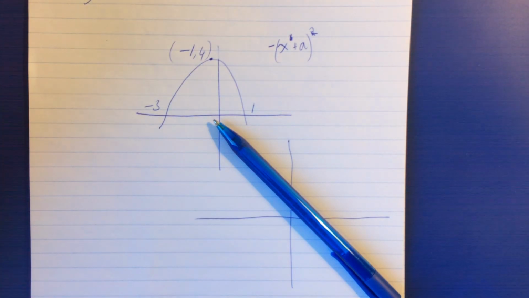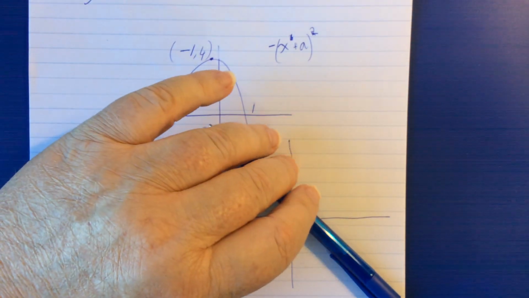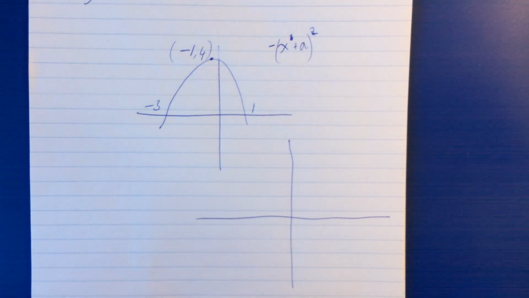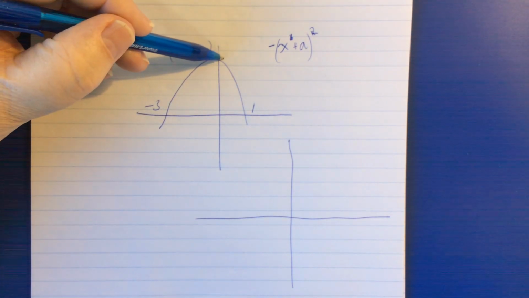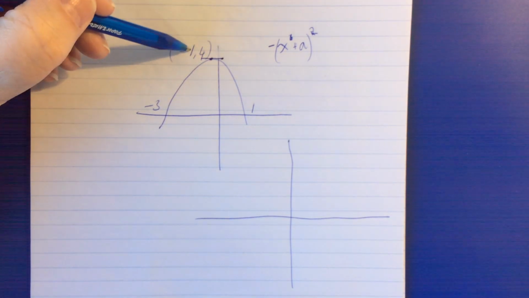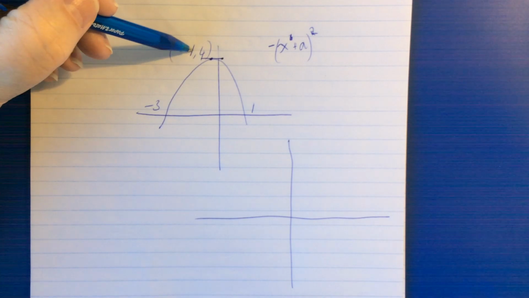What else can we say? Well, we know that this graph has a gradient of 0 at the point where x equals negative 1.